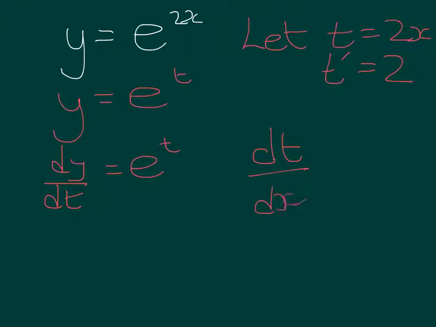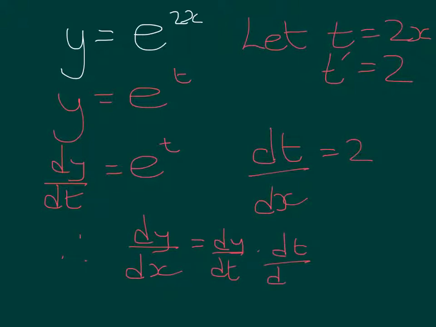Therefore, dy by dx will be dy by dt times dt by dx, because it's like these dt's cancel. So this will give me e to the t multiplied by 2. So it gives me 2e to the t.